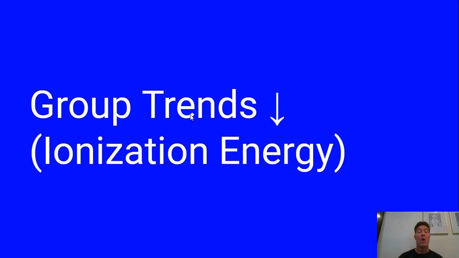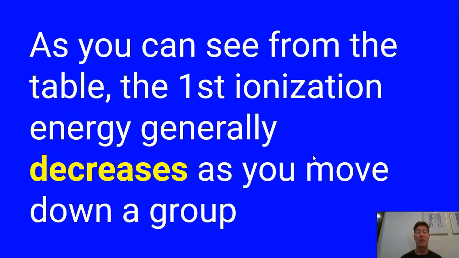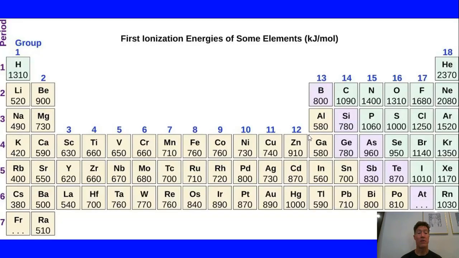Okay, what about group trends? That's going vertically now in ionization energy. Well, as we can see from the table, the first ionization energy generally decreases as you move down the group. So it becomes easier and easier to pull off this outermost electron. Why?